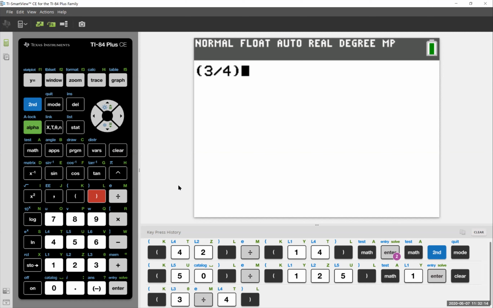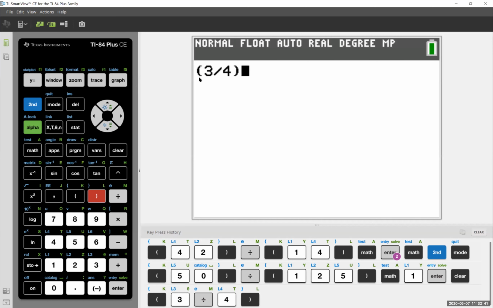The main reason why I'm emphasizing that you do that is because sometimes a lot of people will just say, all right, I'm just going to write 3 divided by 4 times 16 divided by 15. The calculator does not know what is and is not multiplying and dividing and what should be multiplied and divided together. So we need to make it abundantly clear to the piece of technology what we want it to do.